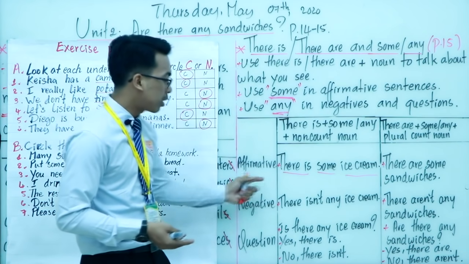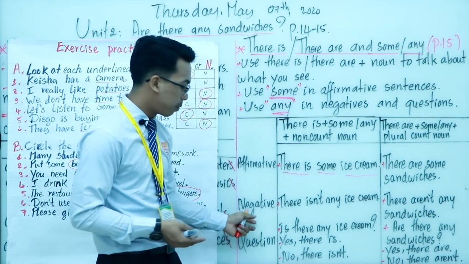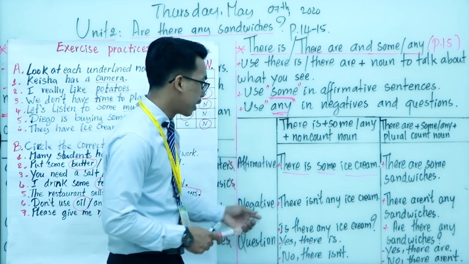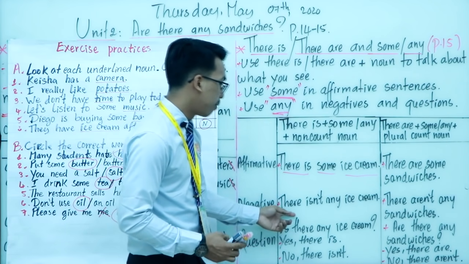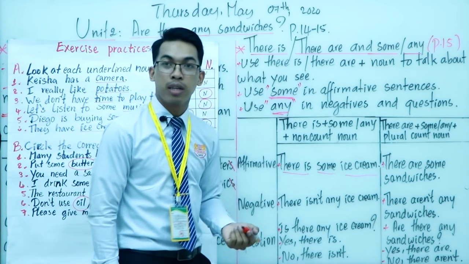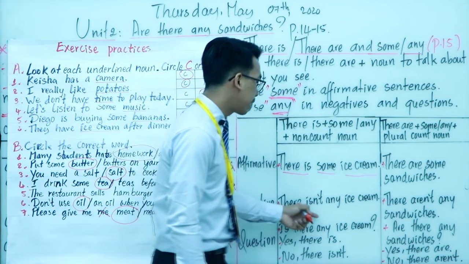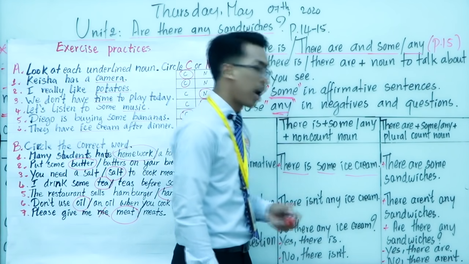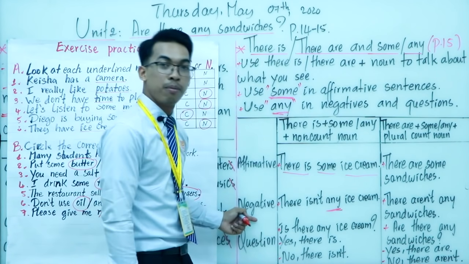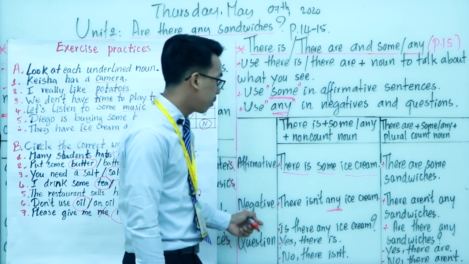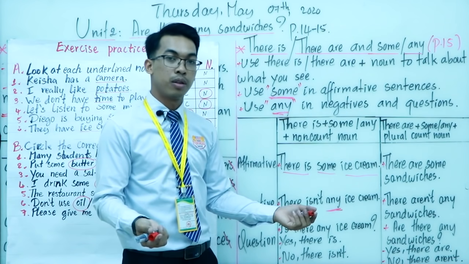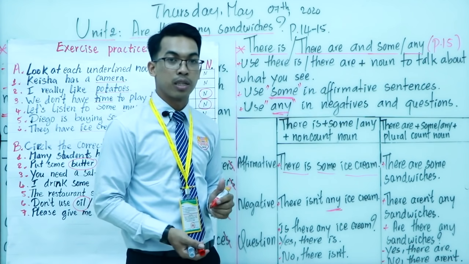So now let's move the attention to the next one, negative. The negative form, we can use with there isn't. Isn't, I mean it's not, right? There is not or there isn't any ice cream. So here, the word any, we use with negative sentences. Remember, we use any with the negative form.